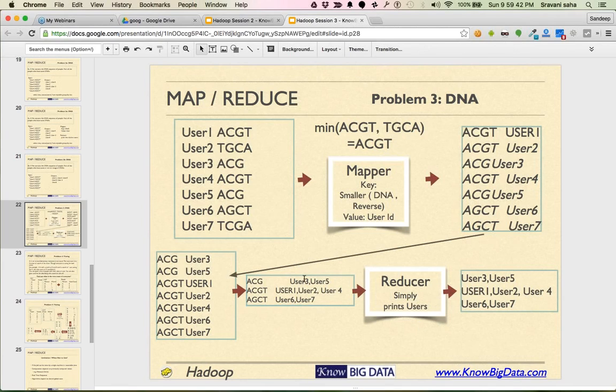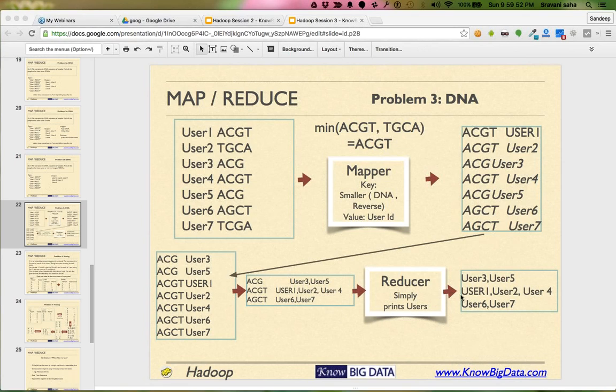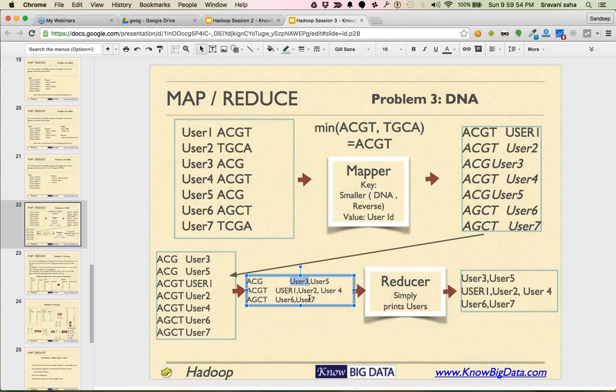Vina's question is, in the reducer, we wouldn't know whether user 3's DNA was ACG or GCA. To do that, you can put a flag saying the key is reverse or as such.